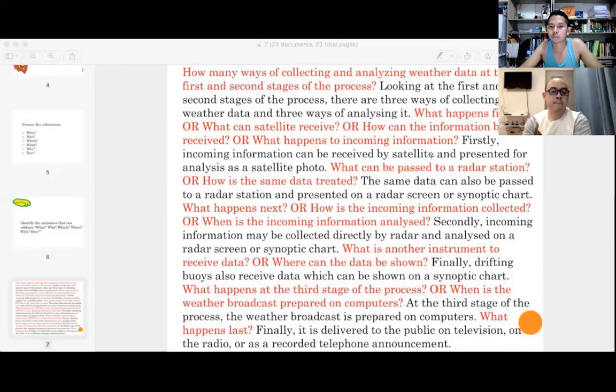Happening at the same time: while, during, at the same time, concurrently. The end of the process: finally, last, or eventually. So, if you don't know how to use these sequencing words, please take a picture or save them. And then in your tutor class, discuss with your teacher. He or she will provide you lots of information.